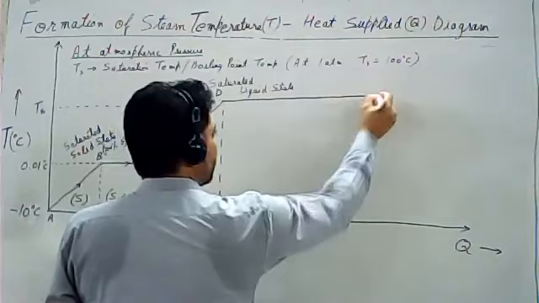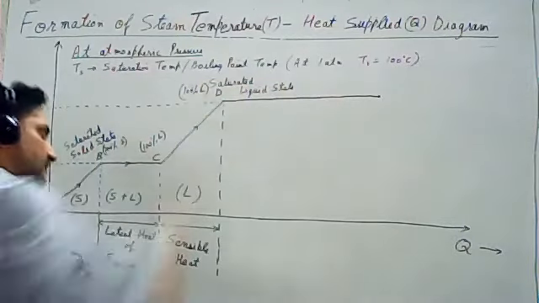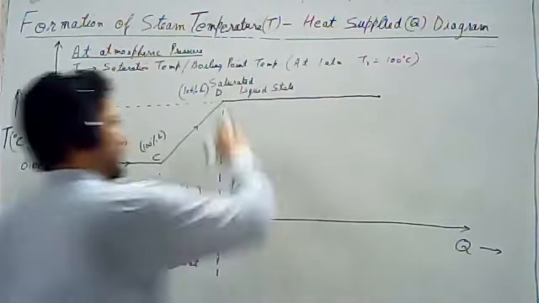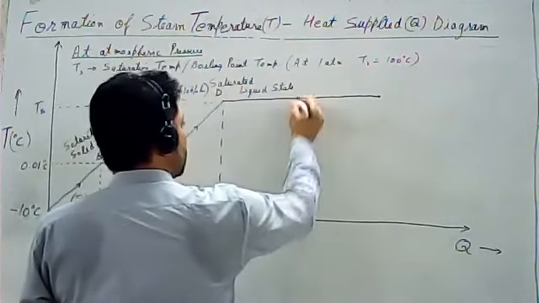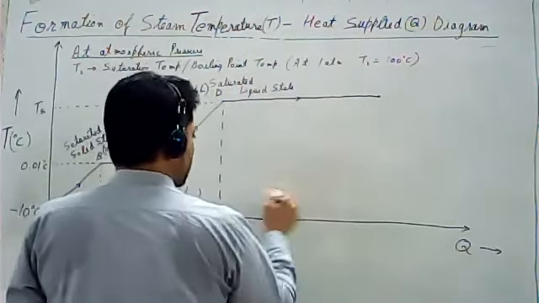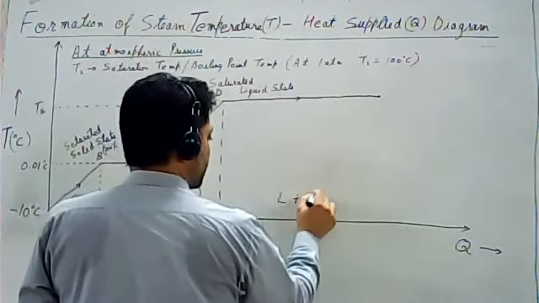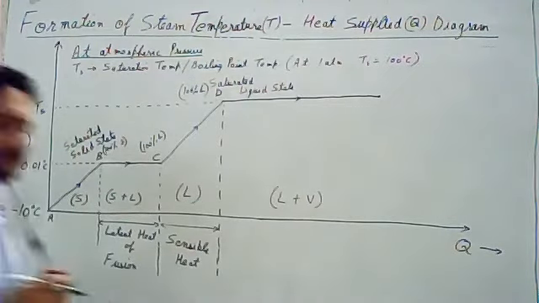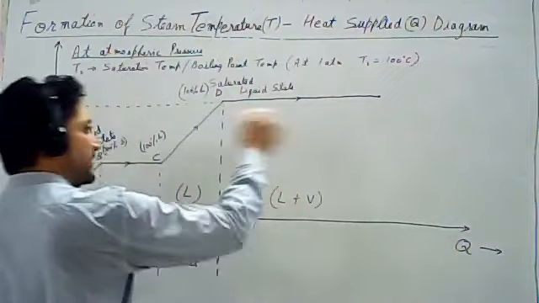That is why we have a horizontal line, because during this phase the liquid is converting into vapor phase. So here we will have liquid plus vapor phase. L is for liquid, V is for vapor. During this phase, liquid is getting converted into vapor.